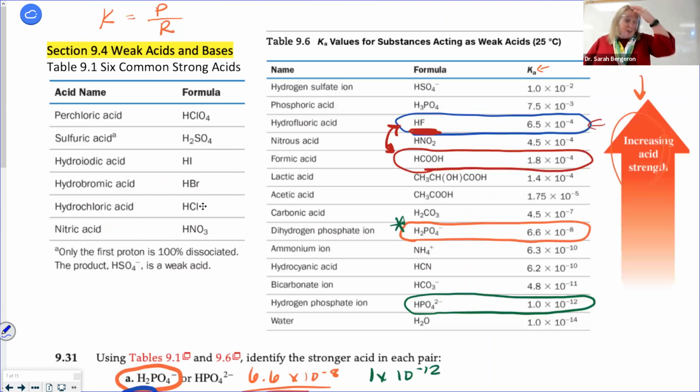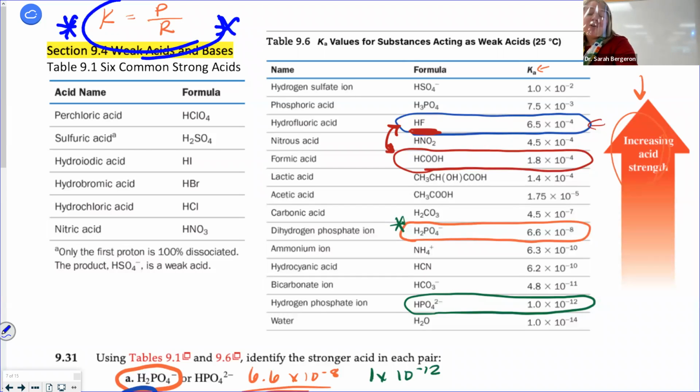All right. So now we have to talk about how all of this equilibrium stuff relates to acids and bases, right? So remember we said our equation for an equilibrium expression is our products over our reactants. This is one of those things that you need to know, a memorized one, so that you can keep that on hand, really quick to recall.